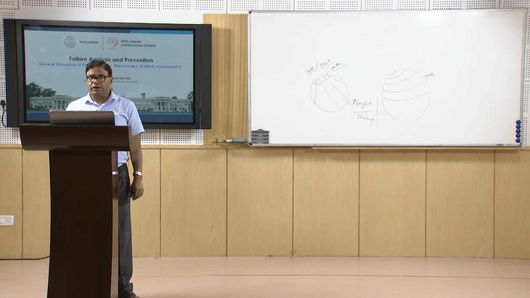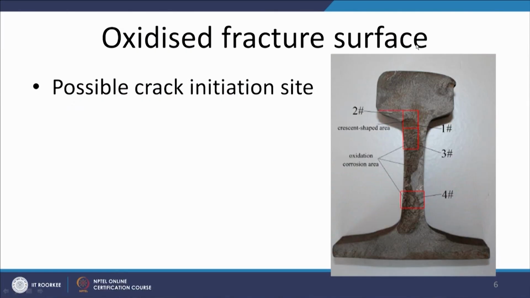Then an oxidized fracture surface also indicates that there are two possibilities related with oxidation. One is the location from where the crack has been initiated, because wherever the crack initiates, that is exposed to the environment and gets oxidized.